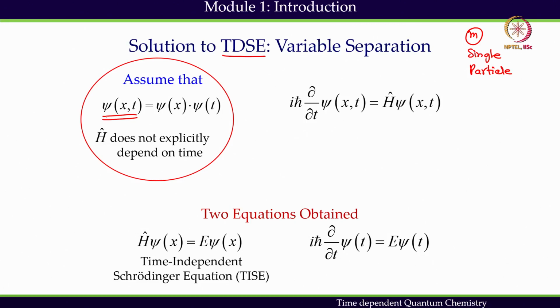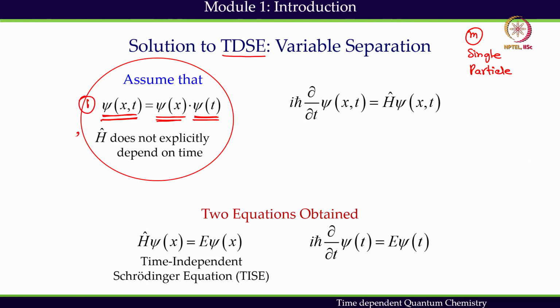So, the total wave function psi x, t, when we are solving the time dependent Schrodinger equation, we will assume that we can express this total wave function as a product of the space and time part. We can separate it and express it in terms of this product. That is our first assumption to find the solution.